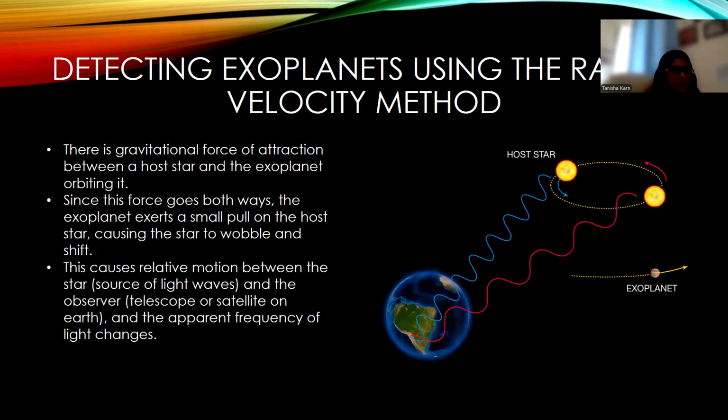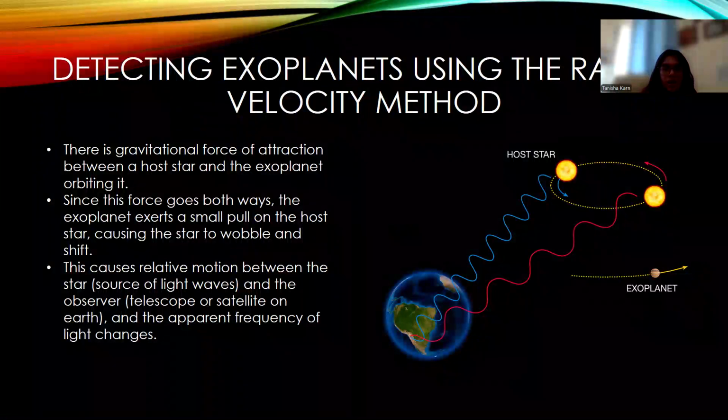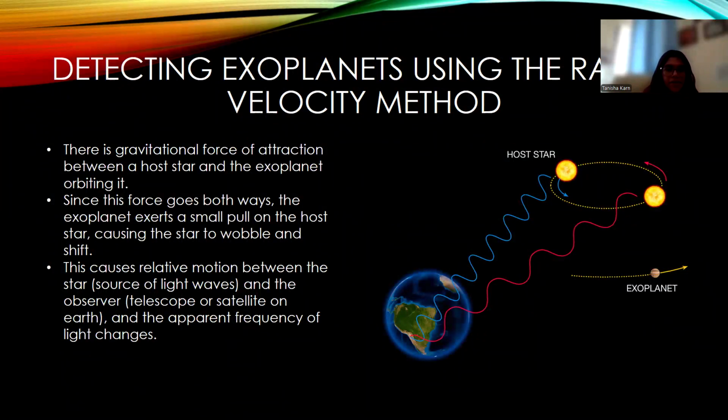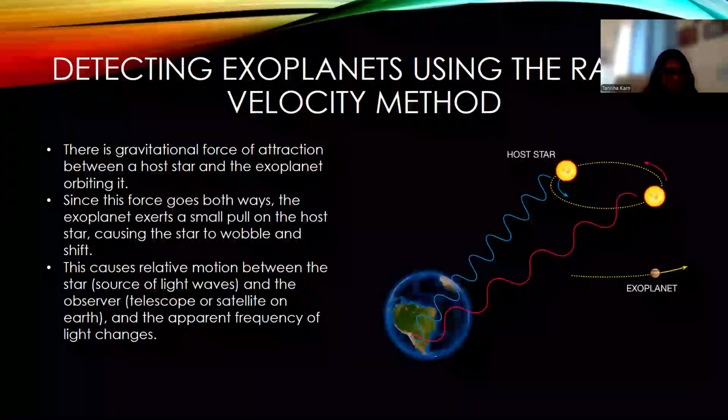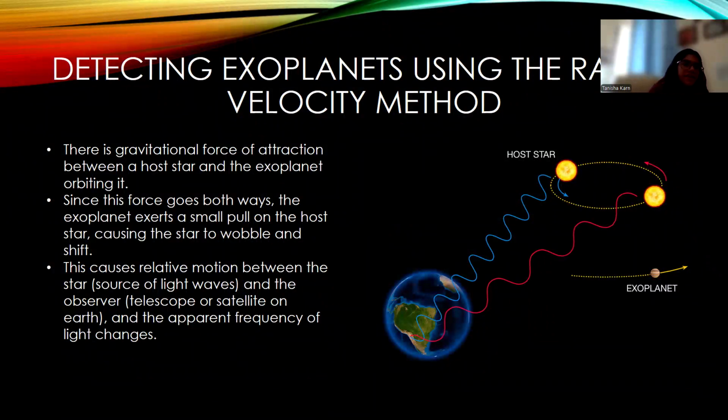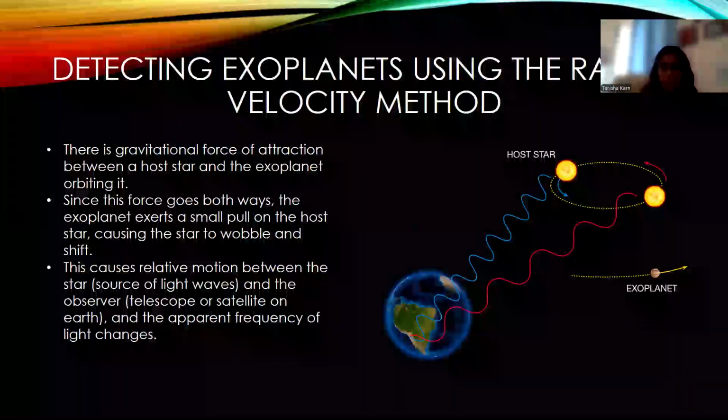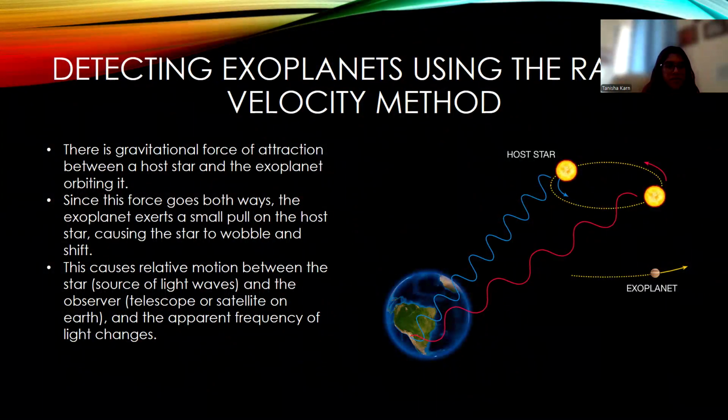But we can use the principles of gravitational attraction and the Doppler effect to understand whether an exoplanet is orbiting around that star. So obviously there is a gravitational force of attraction between the host star and the exoplanet orbiting it. Since this force goes both ways, the exoplanet also exerts a small pull on the host star and causes it to wobble or shift around in its orbit.